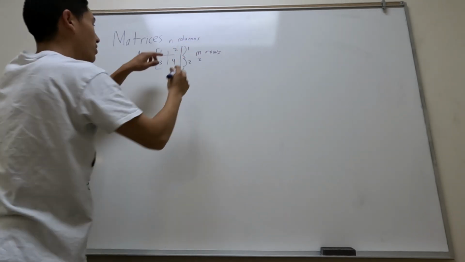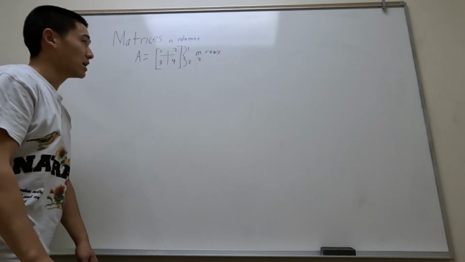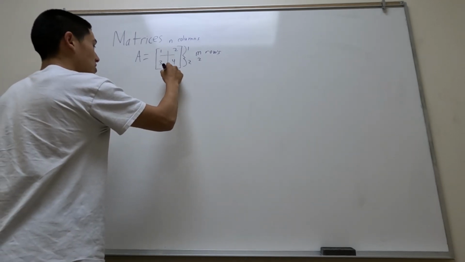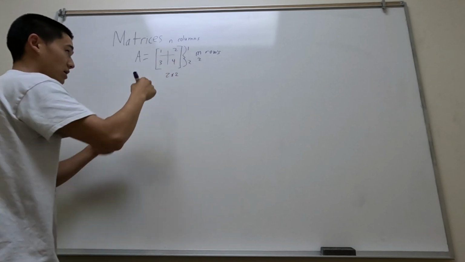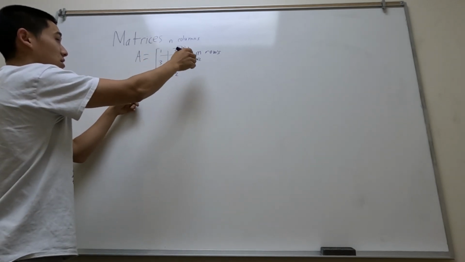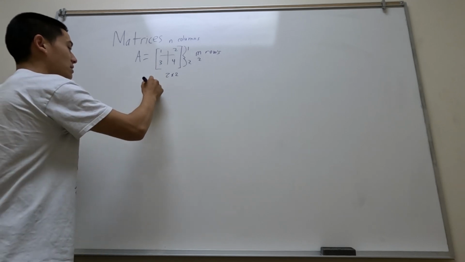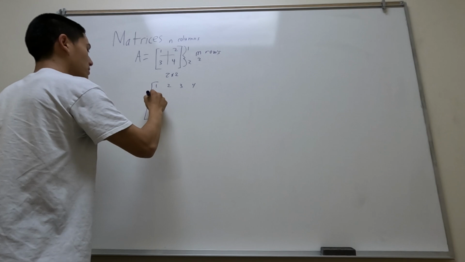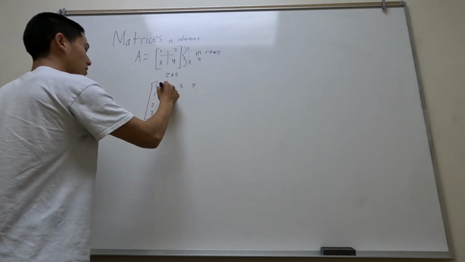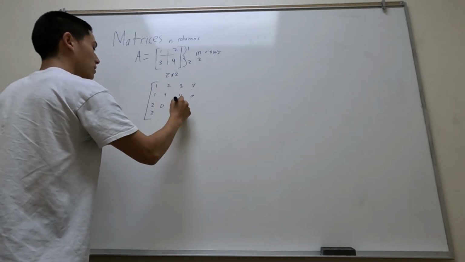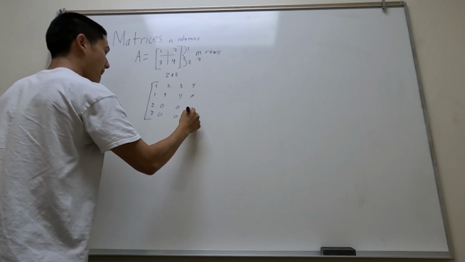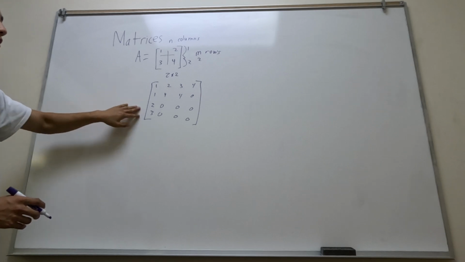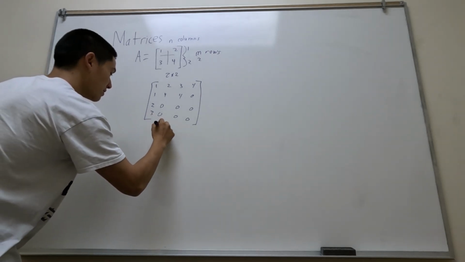and then there's n columns. This is all just for notation for later on when we say m by n. But anyways, you would say this is a 2 by 2 matrix, because there's 2 rows and 2 columns. If you had something like this, 1, 2, 3, 4, 1, 2, 3, this right here is a 4 by 4 matrix because there's 4 rows and 4 columns.